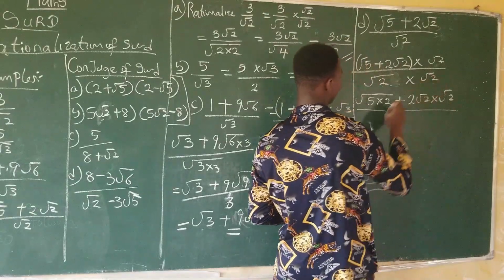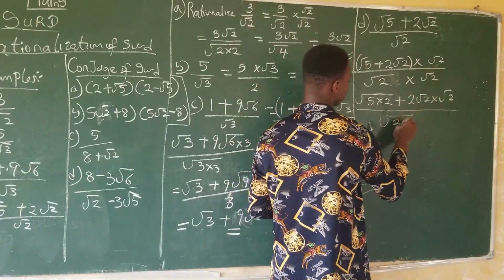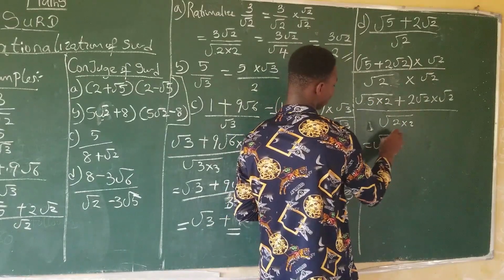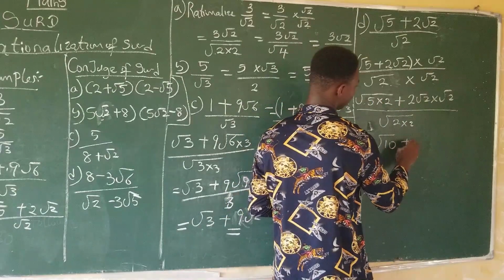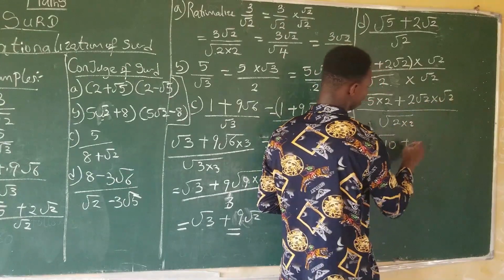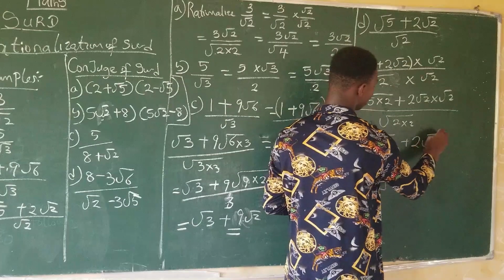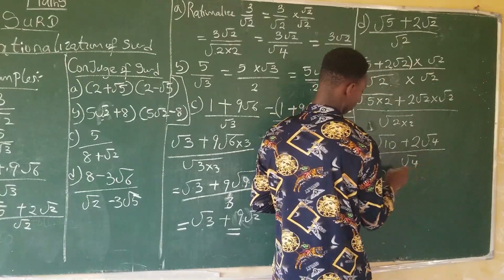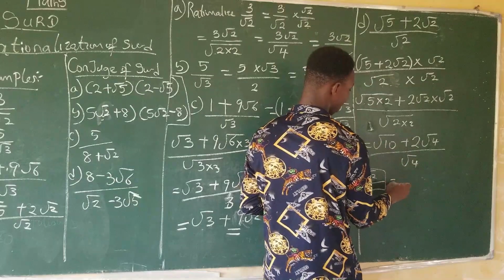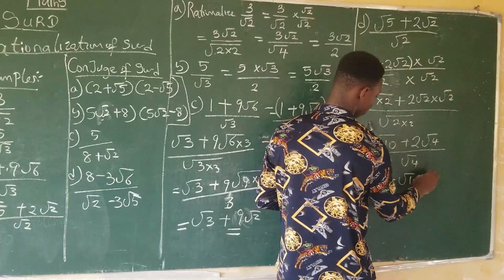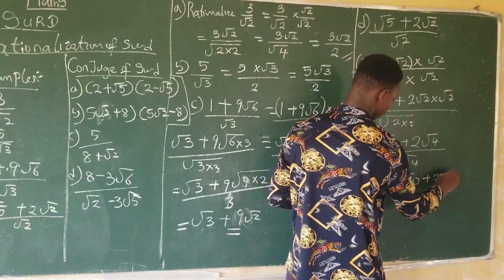Pick one of these from the first method, it becomes 2 times 2. So from here it becomes 2 times 2, what do we have? Root 10 plus root 2 times root 2. So it becomes, from here we have 2 root 4 all over root 4. So from here we have our next step as root 10 plus 2 times 2.